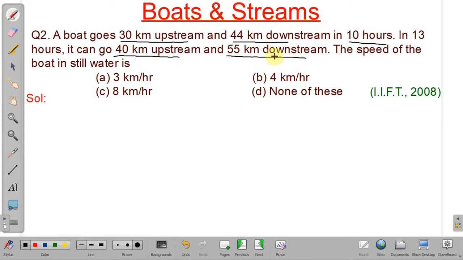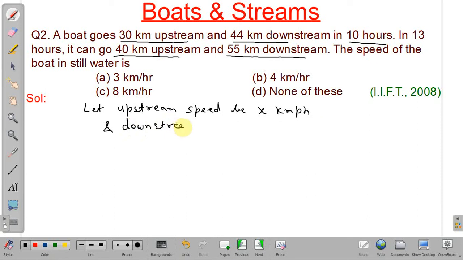So we will assume the speed, let upstream speed be x kilometer per hour and downstream speed be y kilometer per hour.